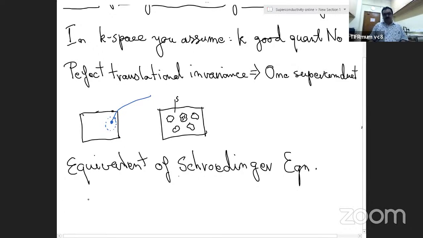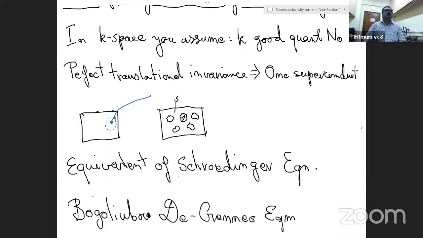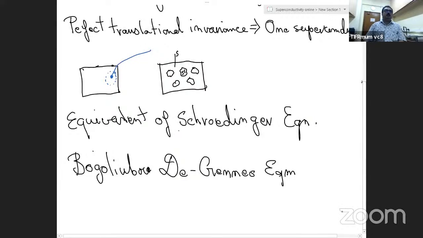This was done by Bogoliubov and de Gennes, and this is what we know as the Bogoliubov-de Gennes equation. So this is what we will derive. This Bogoliubov-de Gennes equation is what we will derive today.